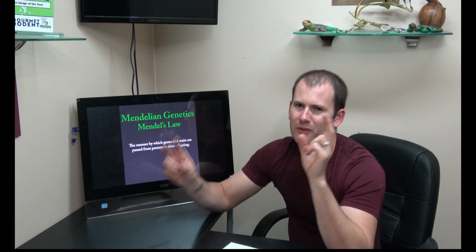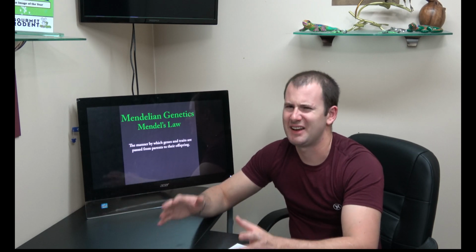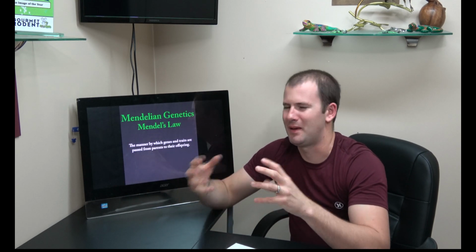So by default, the answer became, oh well, they're polymorphic and it's all random, so just breed two geckos together and you can kind of make educated guesses what you think might pop out, but nobody really knows for sure. That's completely false. You don't always know for sure what's going to come out, only because you don't know what genes and mutations your geckos have, because they're so mixed up and mishmashed that it makes it really hard.